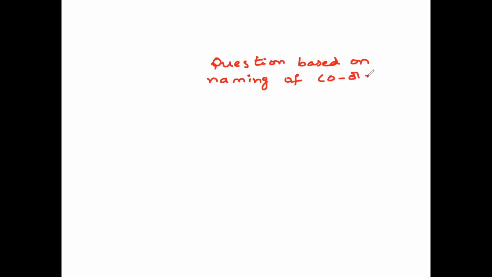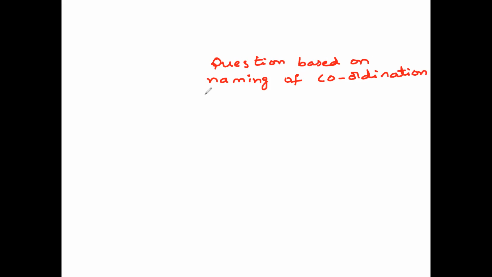Now in the next session we will discuss optical isomerism. Now we'll see questions based on isomerism and even naming of compounds. In the previous lecture we have not done naming of compounds, so now naming of coordination compounds. Apart from this, we'll do questions based on isomerism in the next lecture.